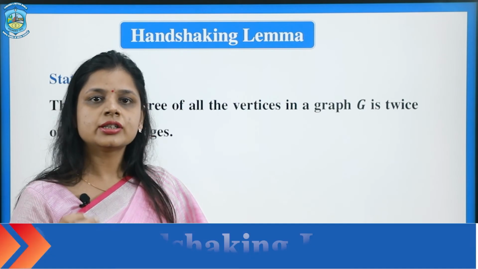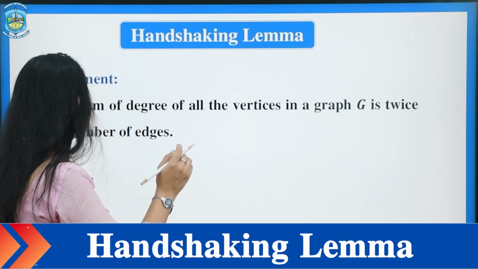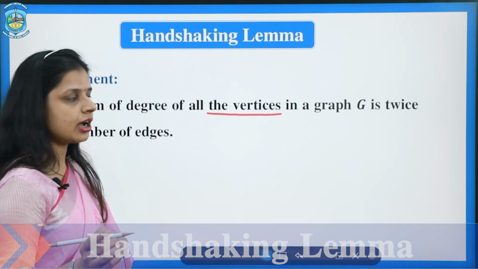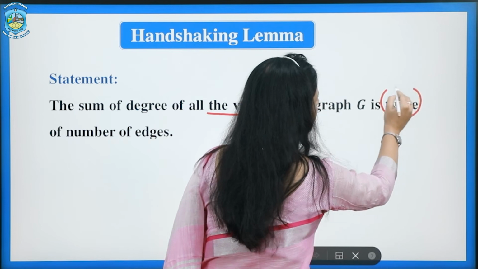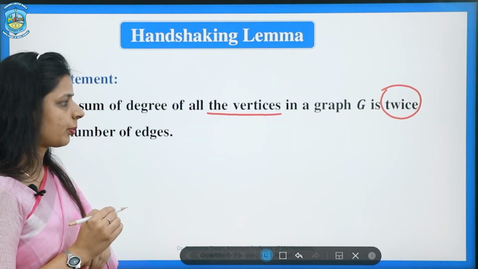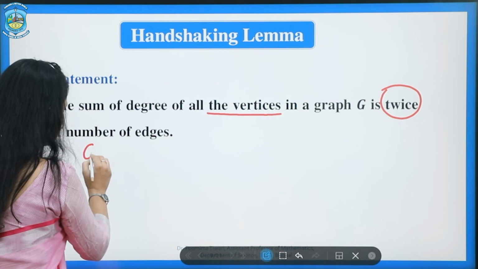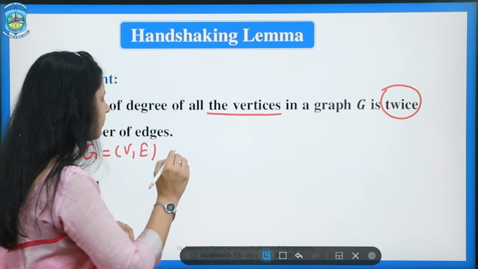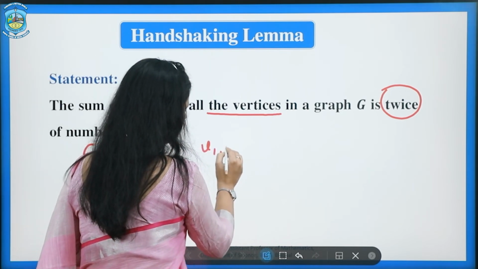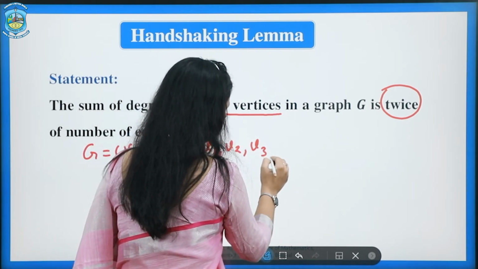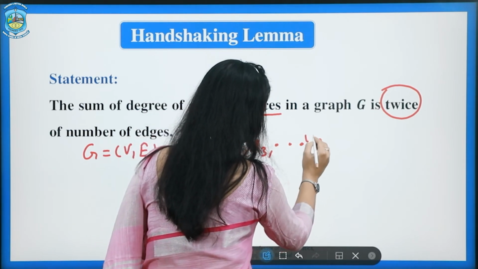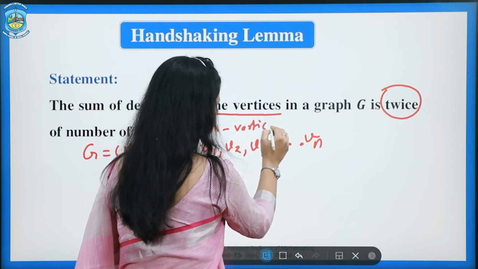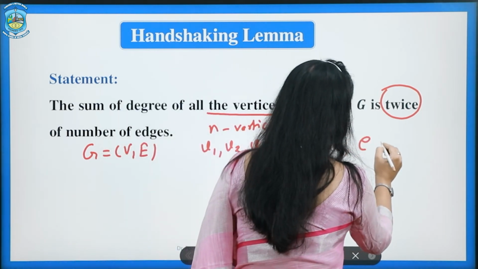Next concept is the handshaking lemma. It is stated as: the sum of degrees of all the vertices in a graph is twice the number of edges. So, suppose we have this graph G equal to (V, E), and this graph has n vertices V1, V2, V3 up to Vn, and E edges.